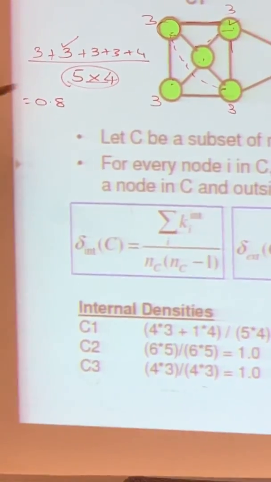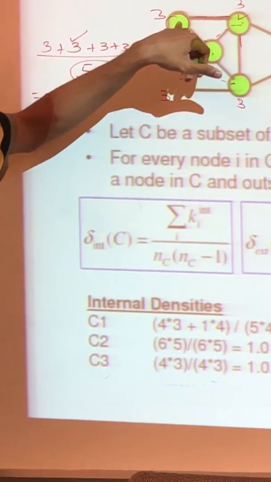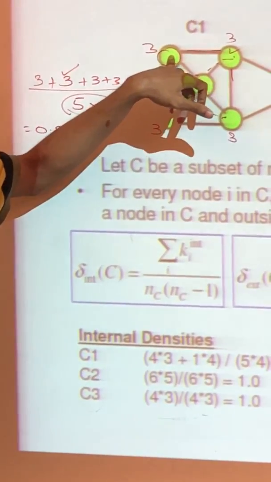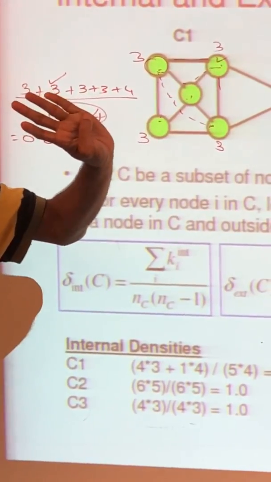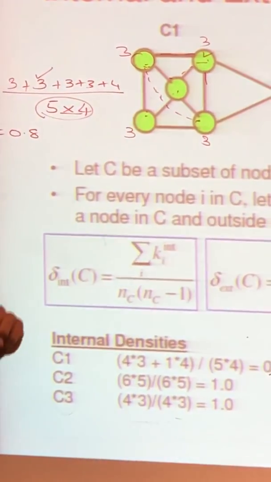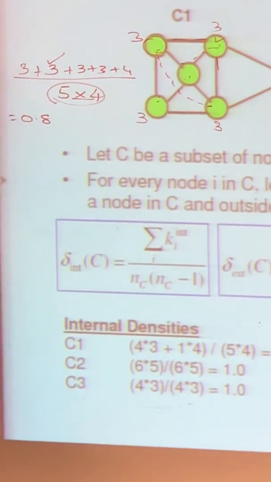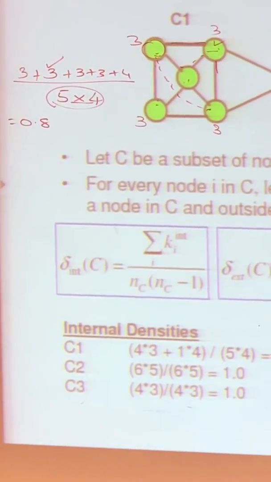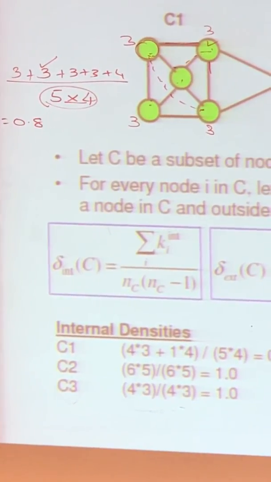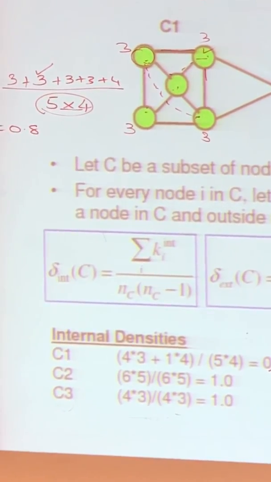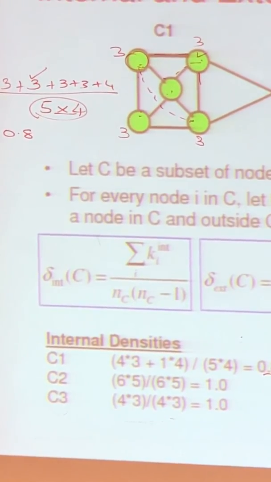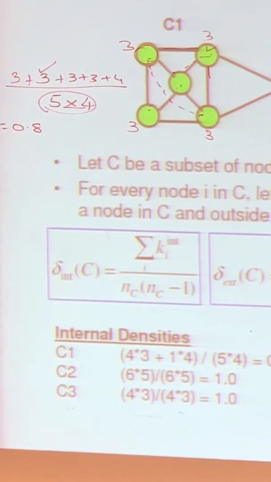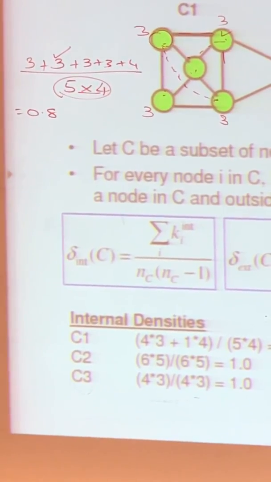You have 5 vertices within this community. So if each vertex is connected to every other vertex, you need 4 edges for each vertex. So that is 4 times 5, maximum. Is it clear? 4 times 5, isn't it? You're considering the edge from each vertex's point of view.